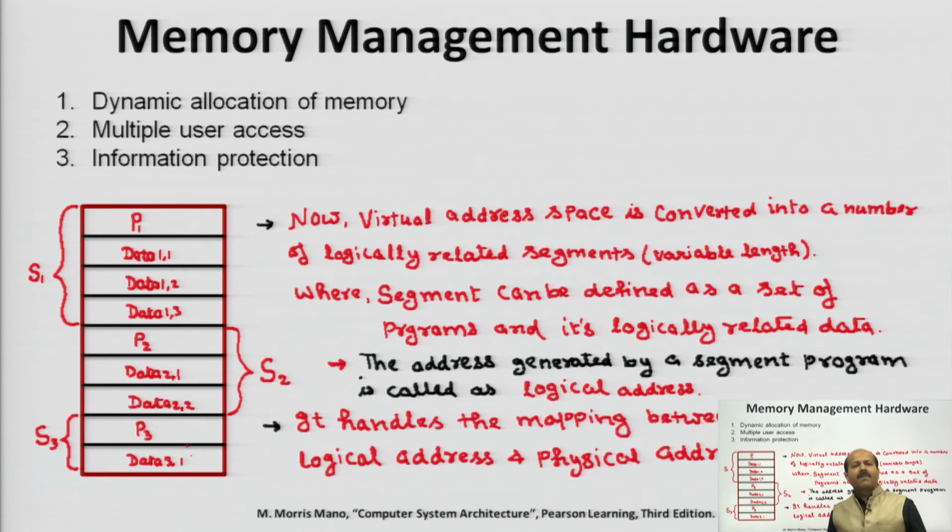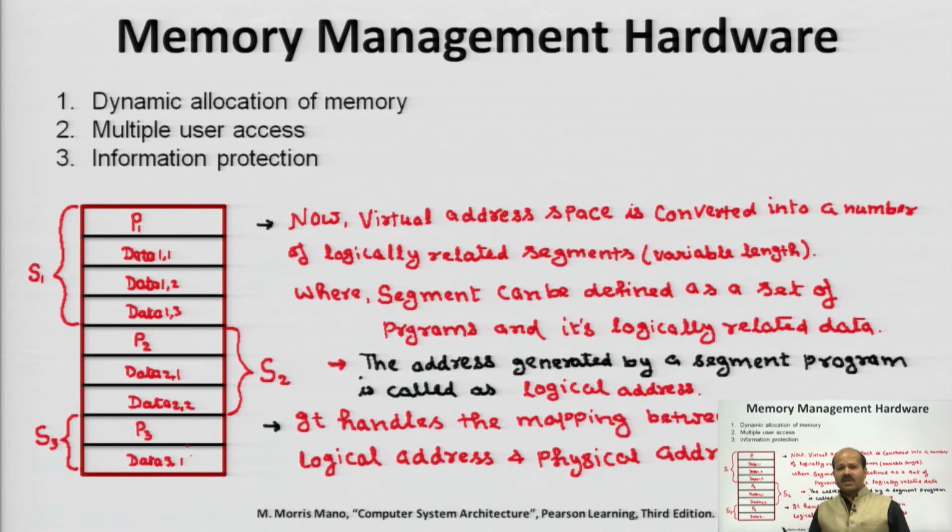The minimum size of a segment will be equal to 1 page, and the maximum will be equal to the whole address space. It handles the mapping between logical address and physical address. The addresses used in this memory management hardware are logical addresses, because the data stored are logically related.